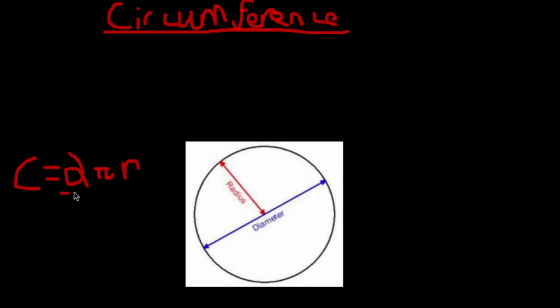So these 2 units have to stay. These are predetermined in the formula. What can change is the radius. This can change, but the formula for the circumference is always 2 times pi times the radius.